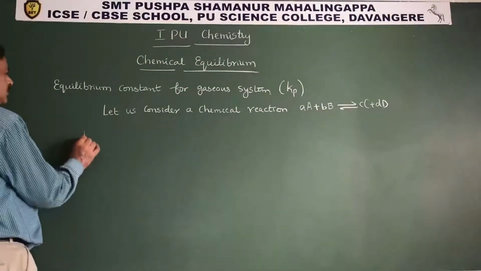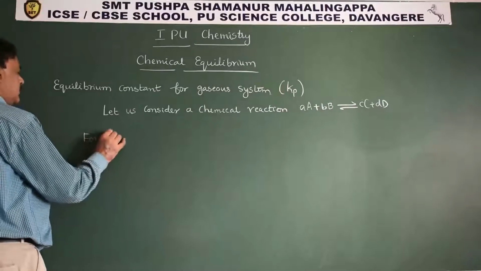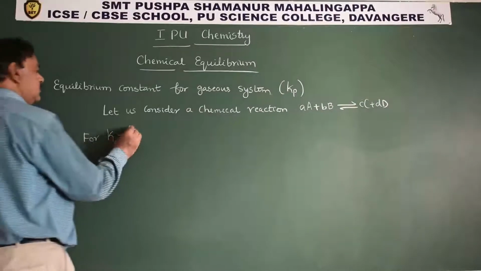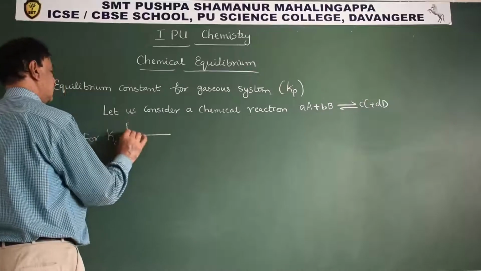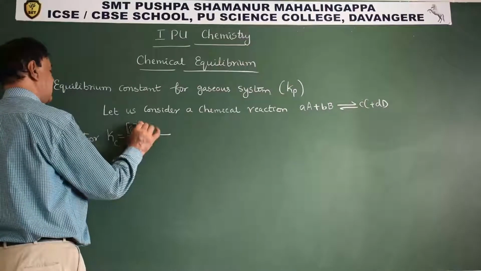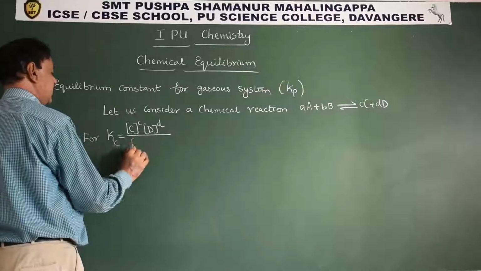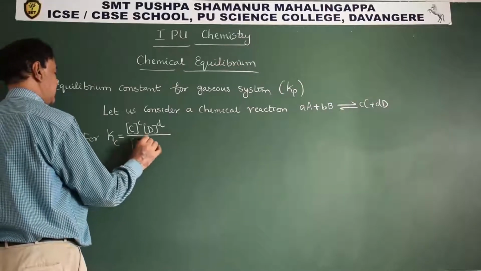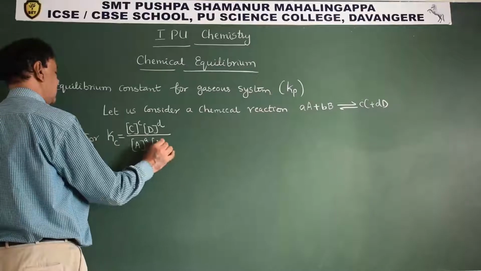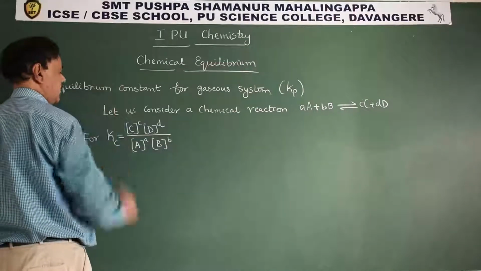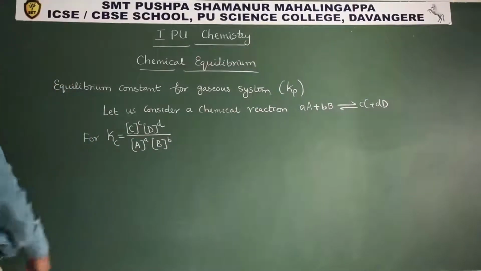For Kc, that you know, that is [C] to the power of c into [D] to the power of d divided by [A] to the power of a into [B] to the power of b. This is the Kc expression.